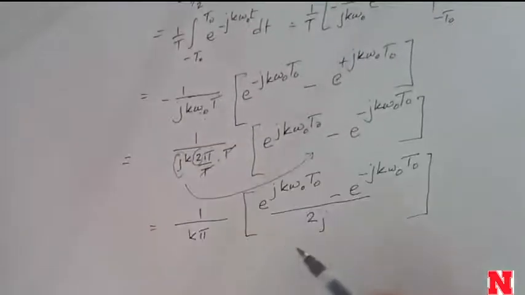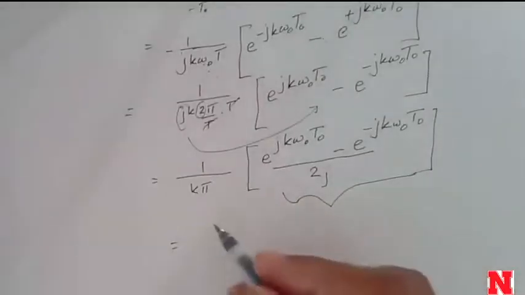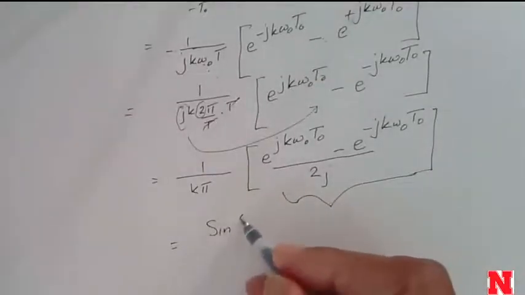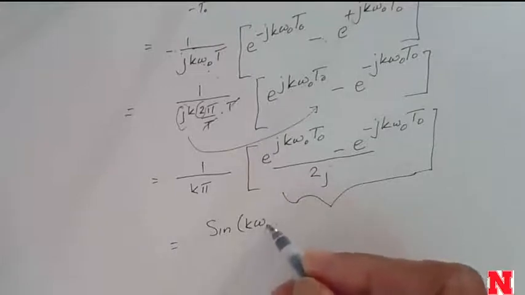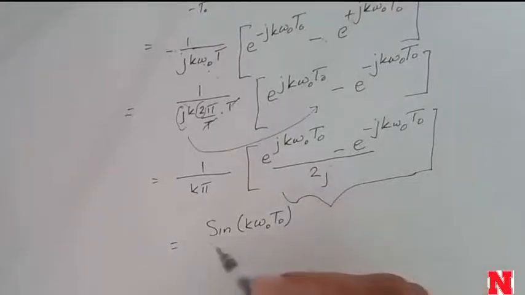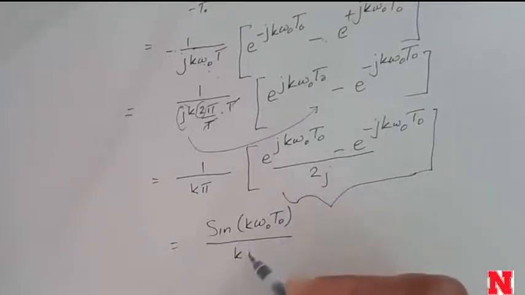So now, and this, of course, you recognize right away because of Euler, and this is equal to then sine of k omega naught t naught over k pi. Isn't that great?